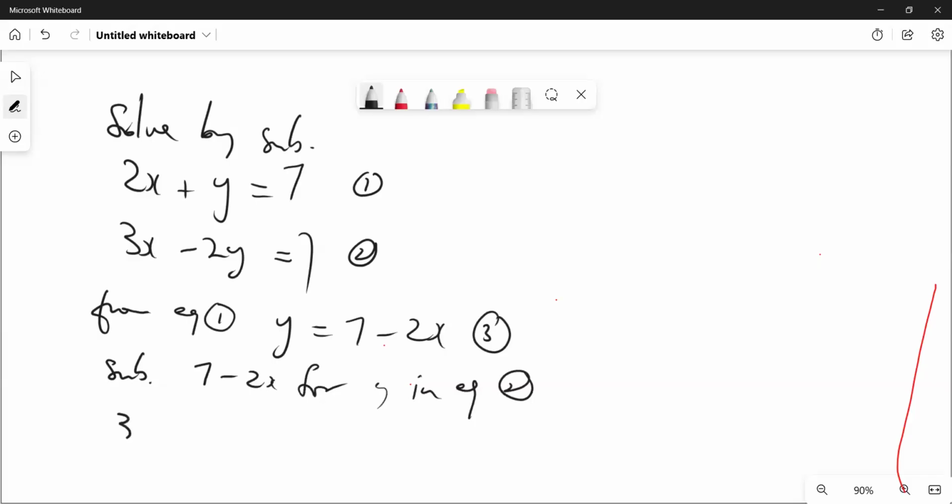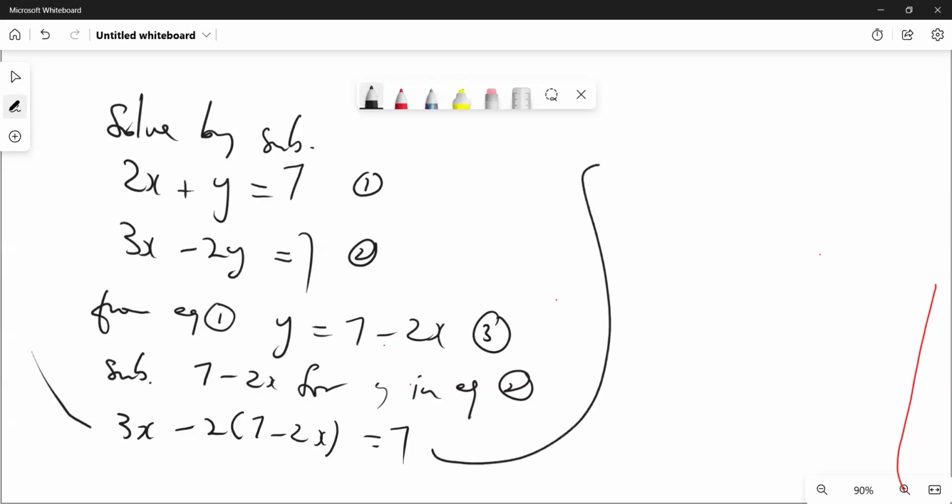So we get 3x minus 2 times, and y is now 7 minus 2x, all of that equals 7. What we basically have here is a simple equation again.